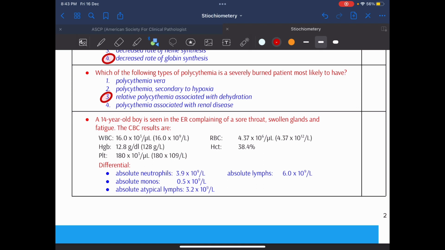The CBC results are white blood cells 16,000, hemoglobin 12.8, platelets 180, RBCs 4.37, hematocrit 38.4%. And the differential is absolute neutrophils 3.9, absolute lymphocytes 6, absolute monocytes 0.5, and absolute atypical lymphocytes 3.2.